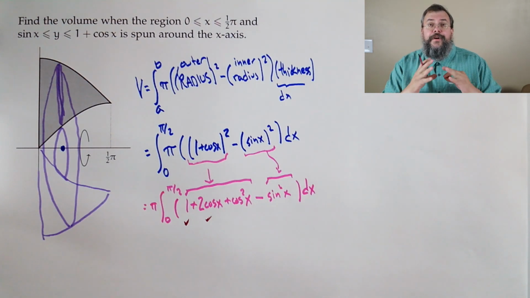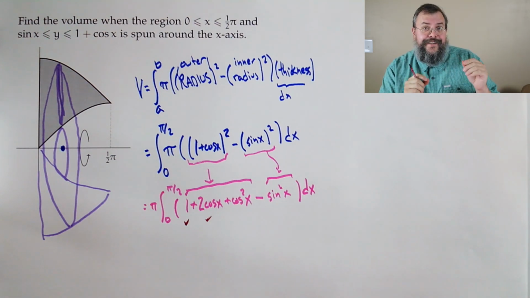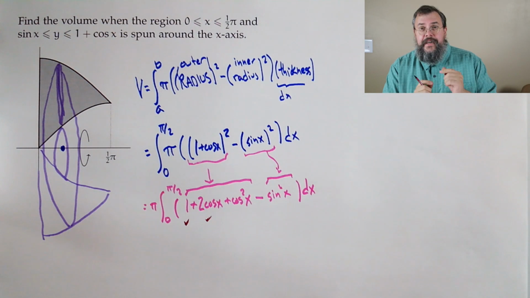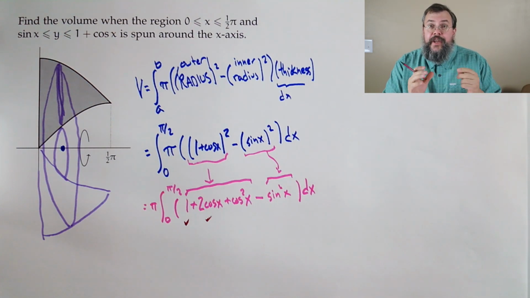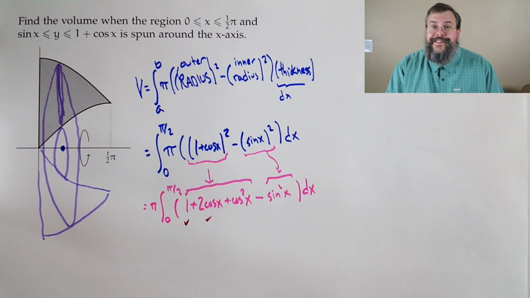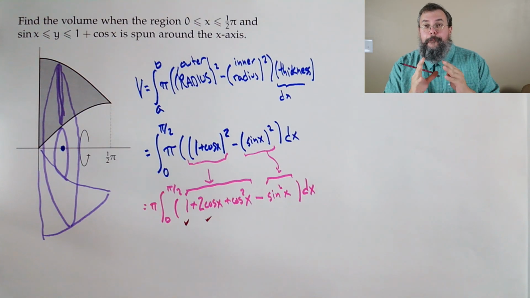Now you might say, ooh, cosine squared and sine squared equals 1, right? Well, cosine squared plus sine squared does equal 1. This is cosine squared minus sine squared. Is there anything nice about that expression? Is there an identity involved? Well, there is.